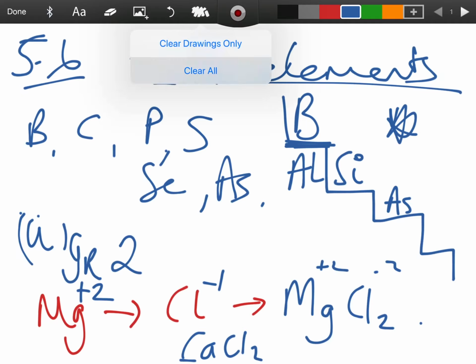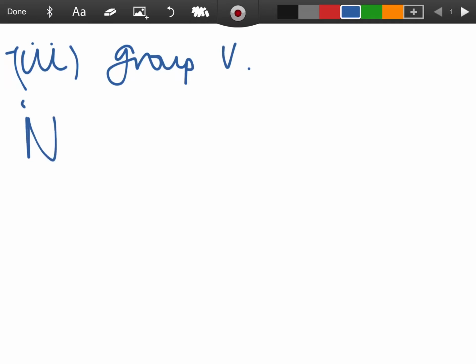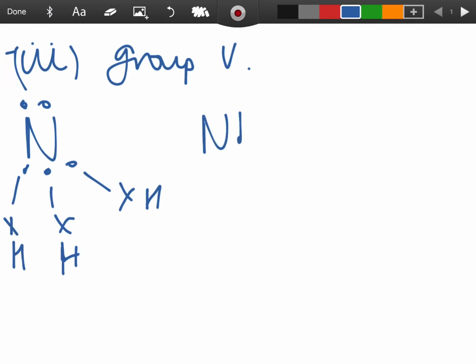Okay, part 3 of that then asks you to give the formula of a covalent compound formed from an element in group 5. So if you look again at group 5, first thing I see there is nitrogen. Now nitrogen has 1, 2, 3, 4, 5 electrons of its own because it's in group 5. So it would need 3 atoms of hydrogen then to satisfy the octet rule. So you'd write down NH3, and remember that you dot one atom's electrons and cross the other atom's electrons.